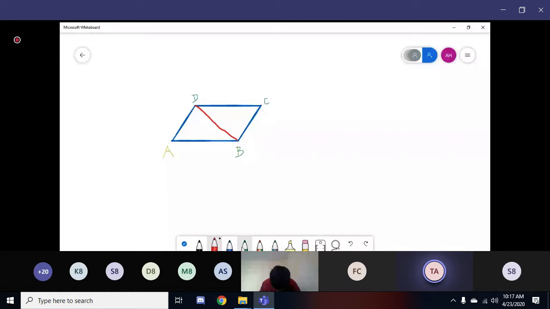This was 80-degree and this was 60-degree. Fine. Now, beta, this angle was required.